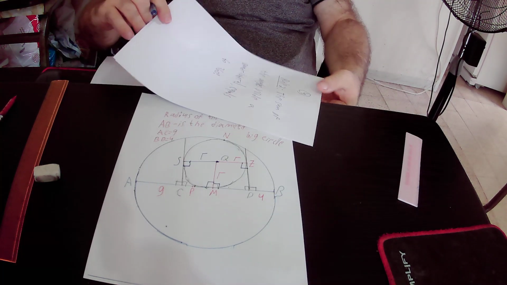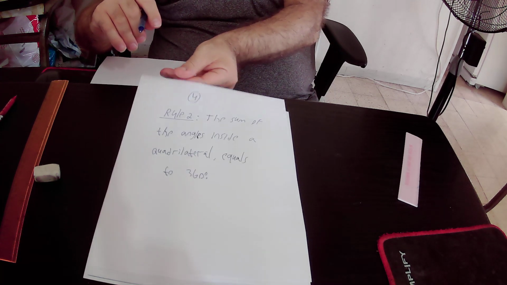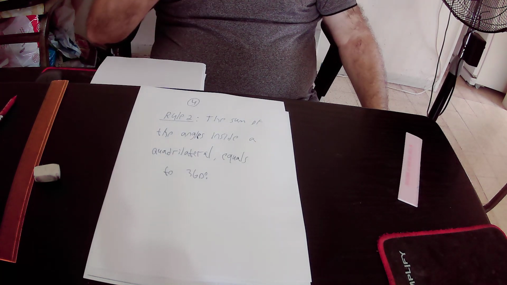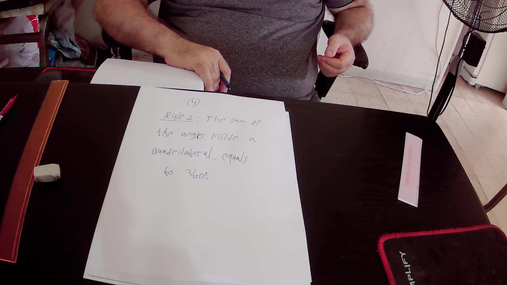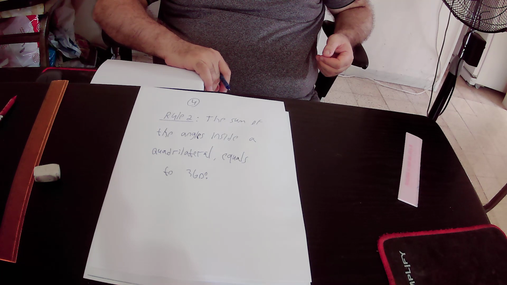So I will read rule number 2 again. According to rule number 2, the sum of the angles inside the quadrilateral equals 360 degrees.